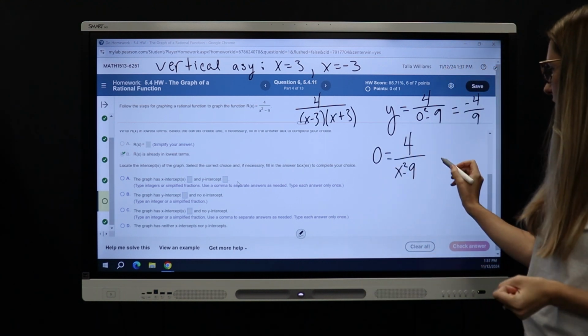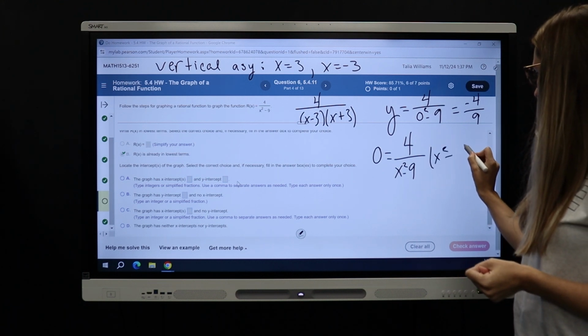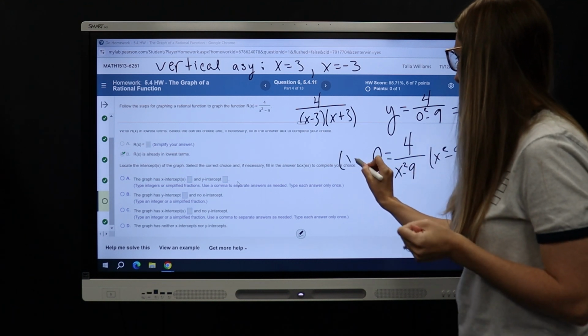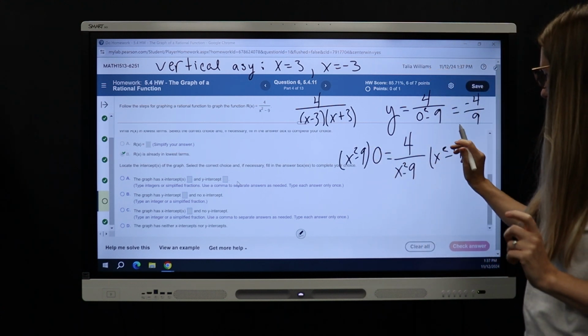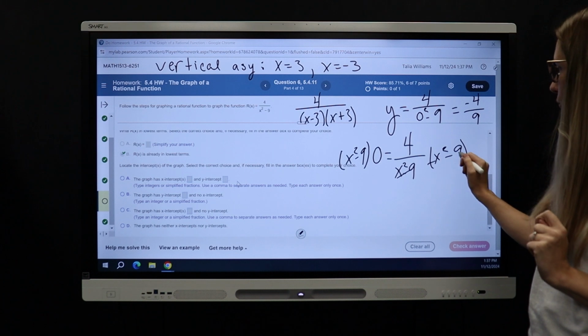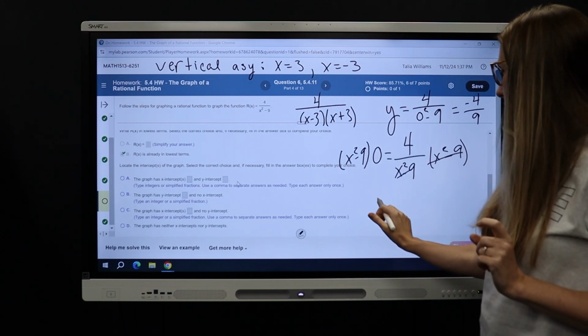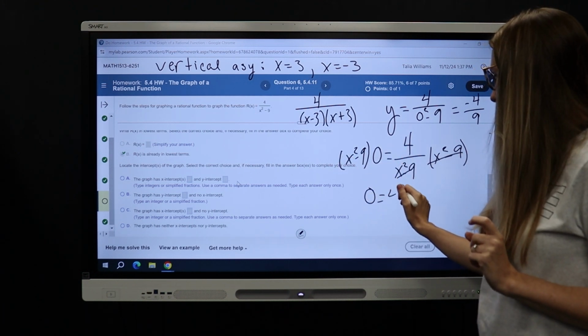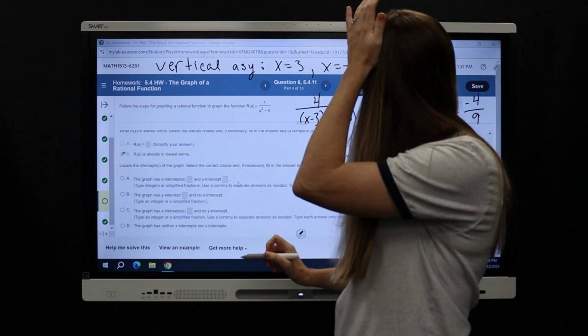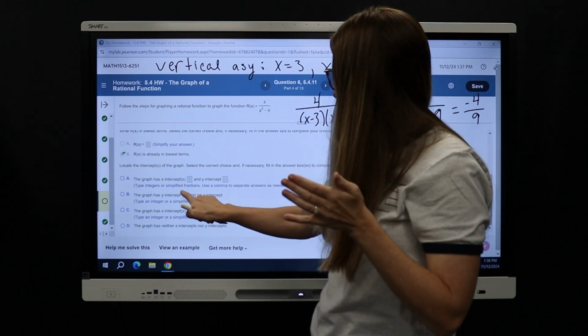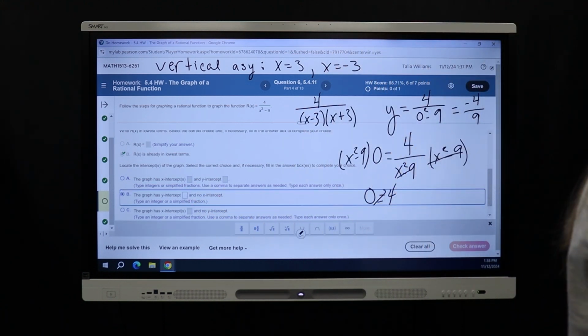But when we go to solve this, we'd have to multiply by x squared subtract 9. And when we do that over here, anything divided by itself is 1. Anything times 0 is 0. Does 0 equal 4? It sure doesn't. So we do not have an x-intercept. So -4/9 is our y-intercept.